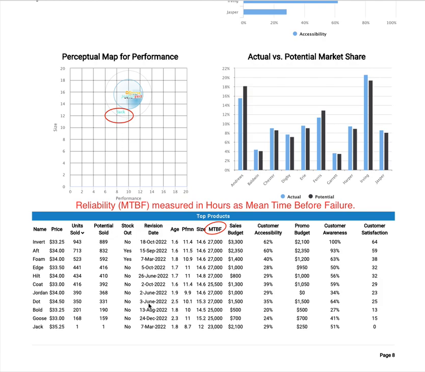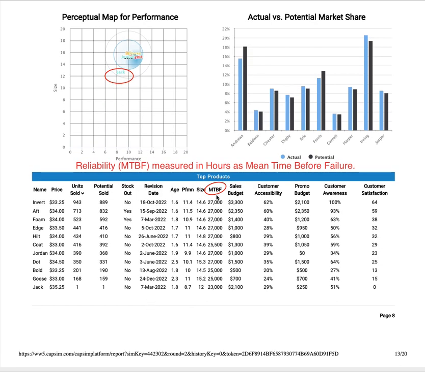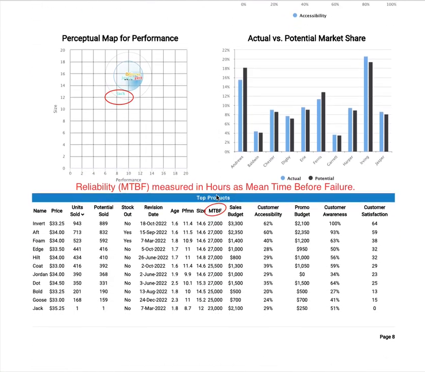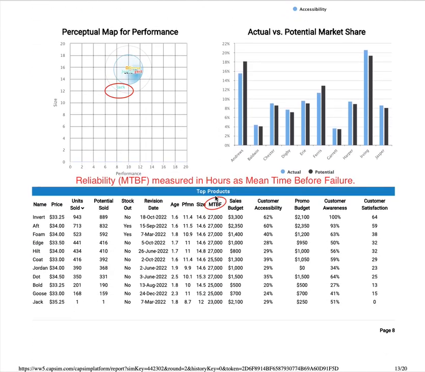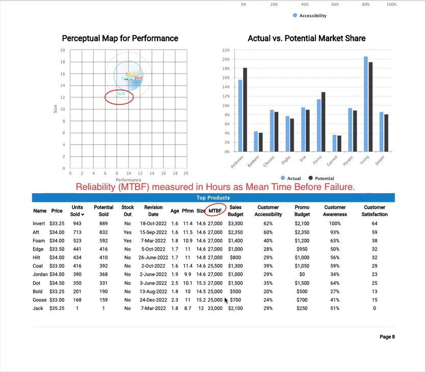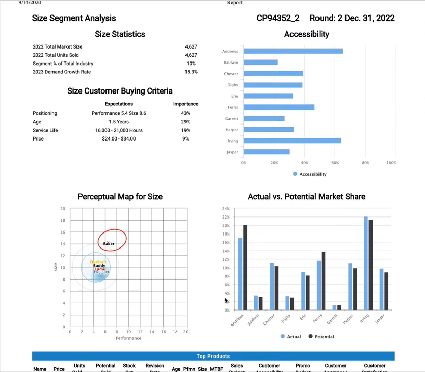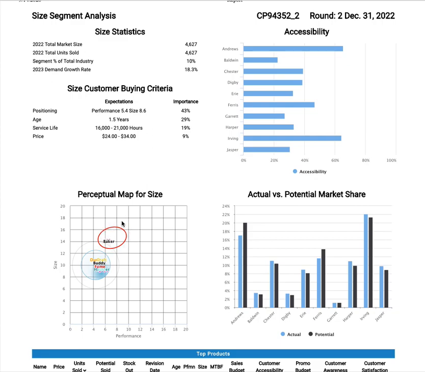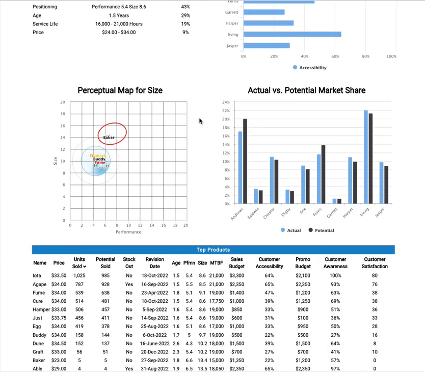It's out of the circle. So again, those performance customers focus on the reliability, the hours to use, which is MTBF, measured in hours as mean time before failure. So this is MTBF. Size, again, those two products.